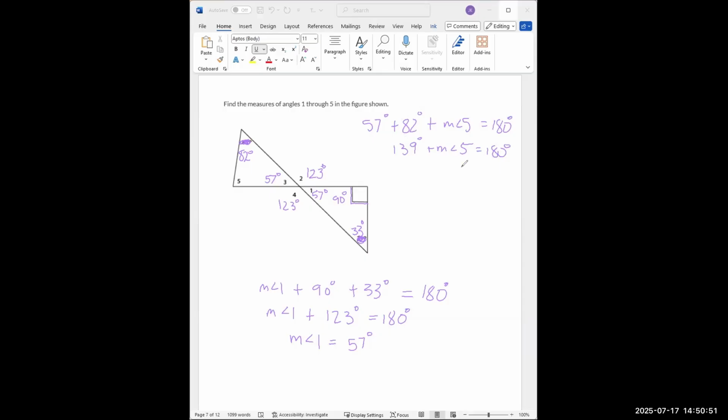And then subtracting 139 from both sides, I get 41 degrees. And so now I've got all of them. So just look around and figure out what you can figure out. We're looking for triangles, we're looking for vertical angles, and we're looking for those straight angles and corresponding angles.